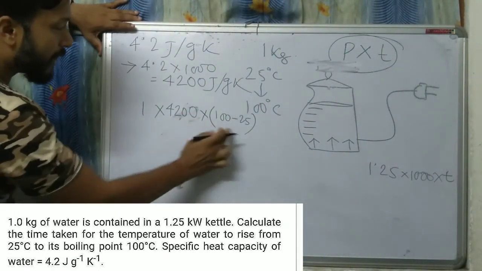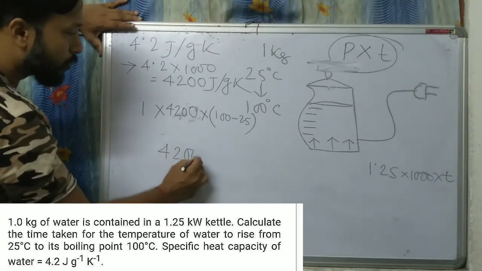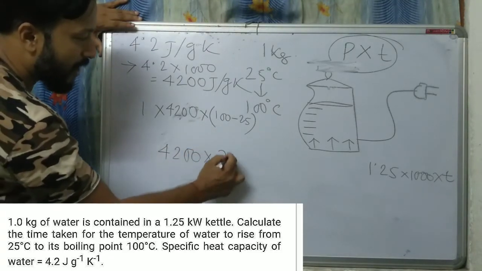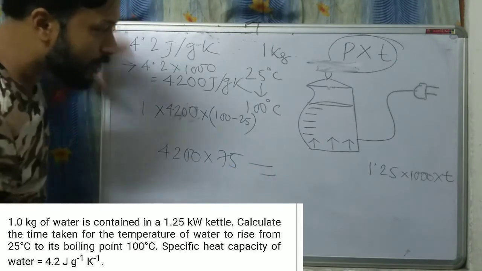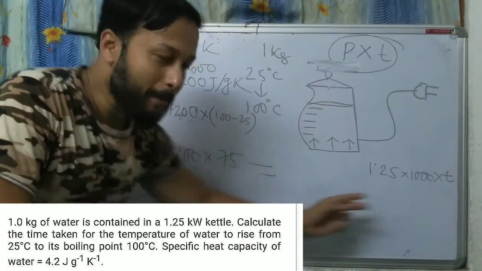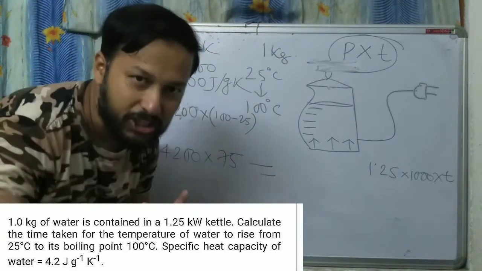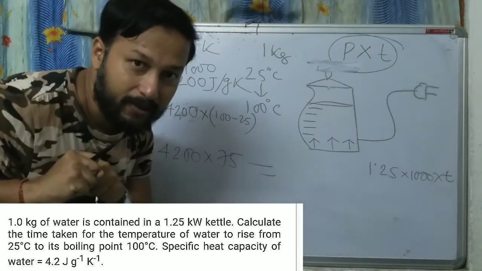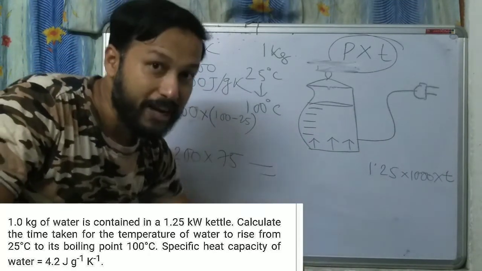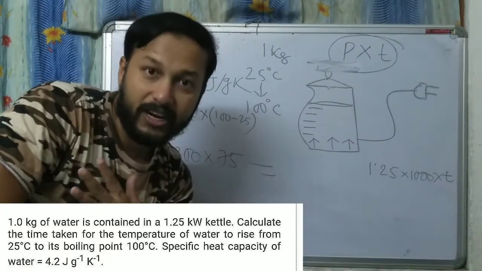Now, what are we getting here? 4200 into 75, and that should be equal to this, because this is the amount of heat water is taking, and this is the amount of heat the kettle is giving.